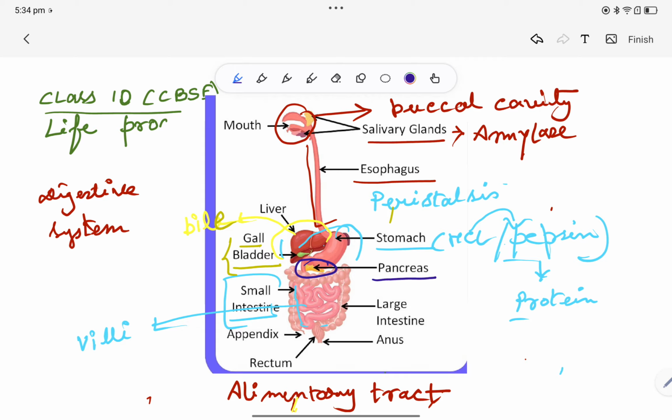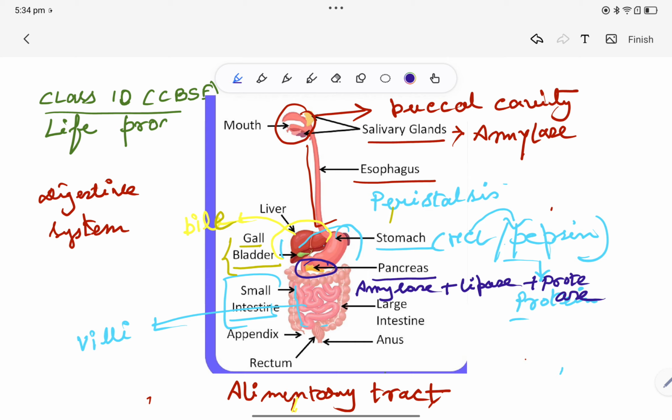Pancreatic juices include amylase, then we have lipase and protease. Along with this, it also produces bicarbonate ions.